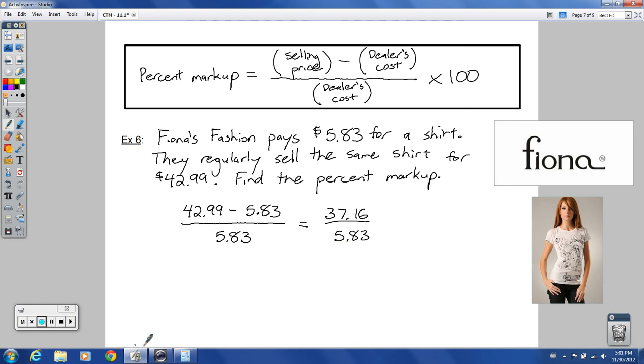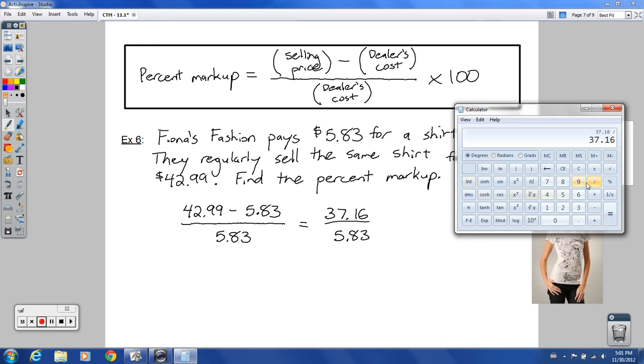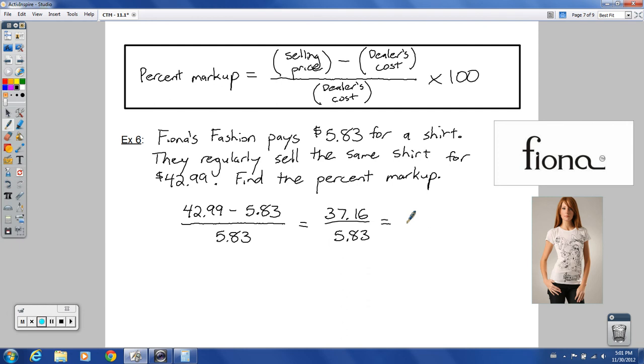And so from here, you take $37.16 and divide it by 5.83, and we should get 6.3739. So this is not the percent markup, this is just the number of times bigger it is. So as a percent, remember, move that 2 decimal places.